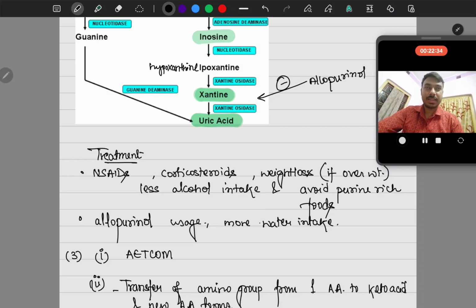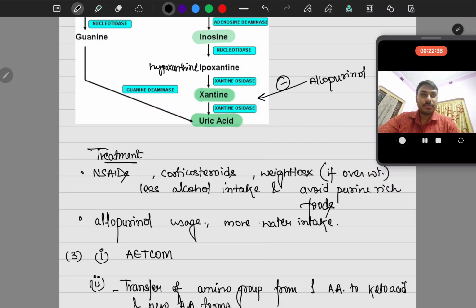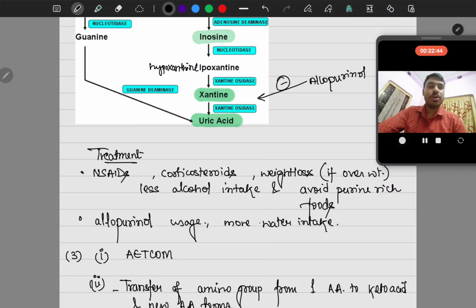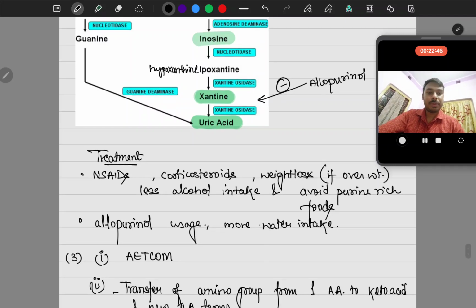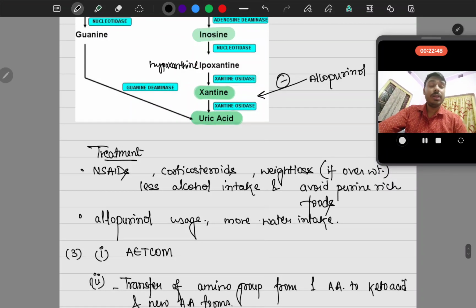If the patient is overweight, weight loss is a required point, as well as less alcohol intake, and the patient has to be advised to avoid purine rich food. Purine rich food means eggs, red meat, etc.